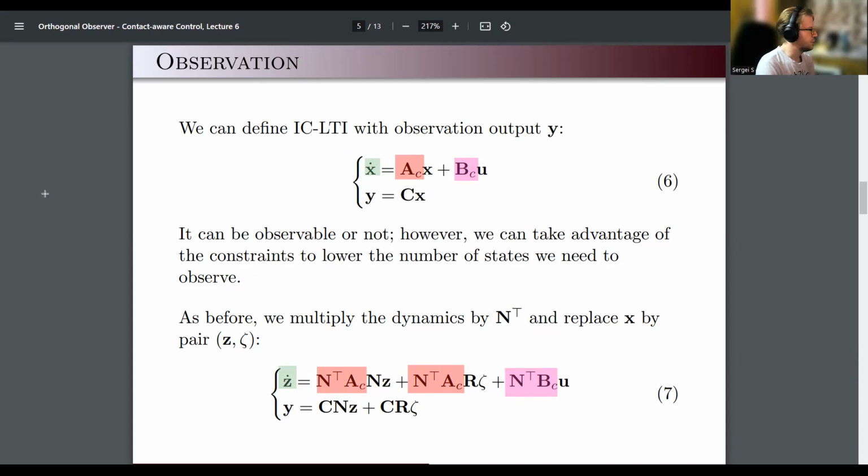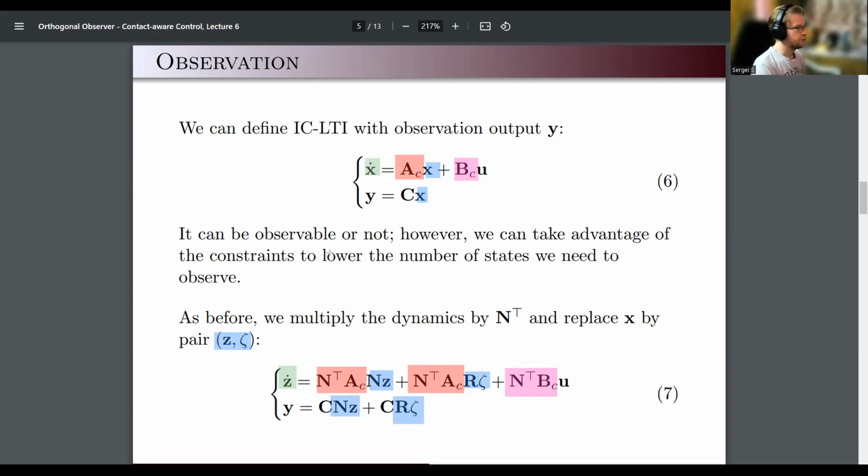Second step is to replace x with the pair z and zeta. And you remember that x is equal to N z plus R zeta.